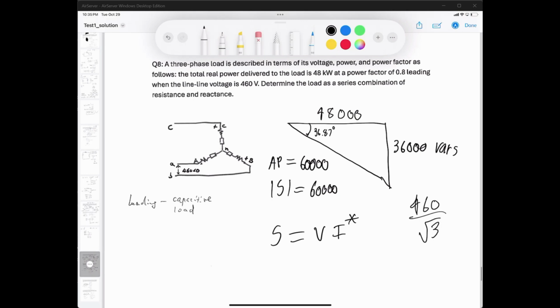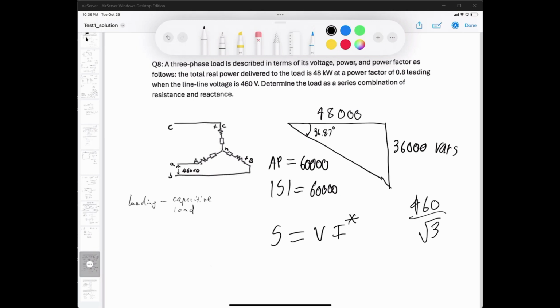Now, a nice little trick to know whether you're multiplying or dividing by root 3 is to visualize the voltage from point A to B. You can see that you need to decrease your factor, since you're now narrowing your range from A to B to just A to neutral.